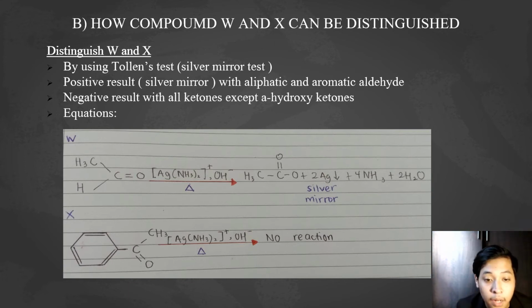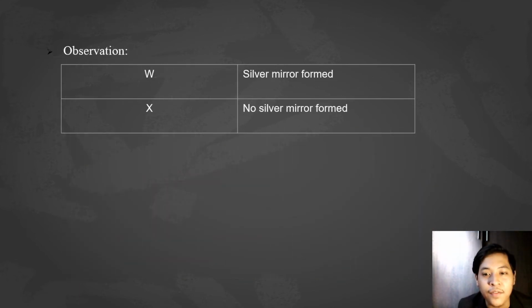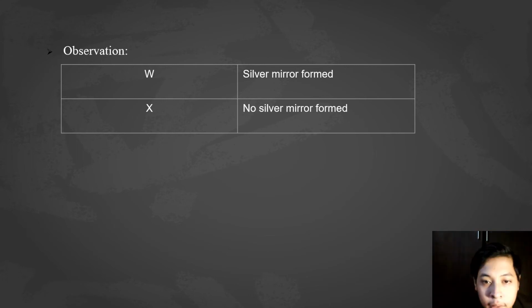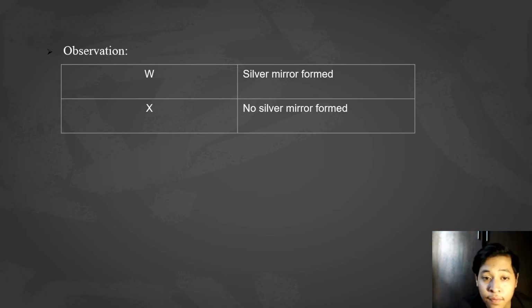Compound S will react with diamminesilver ion and no reaction occurs. For observation, in compound W we could observe that a silver mirror forms and in compound S no silver mirror forms, and we can conclude that W is an aldehyde group and S is a ketone group.